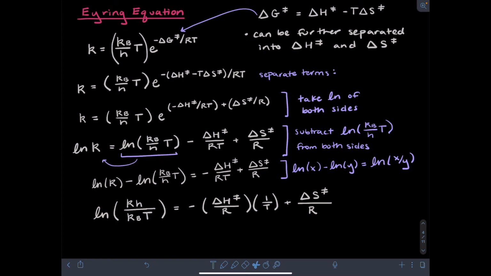Then on the right-hand side, everything is roughly the same. I've just pulled out the temperature term. All of this rearranging gets me to a form of my equation that is of the type y equals mx plus b.